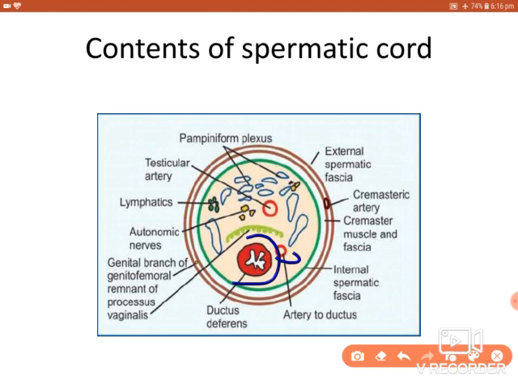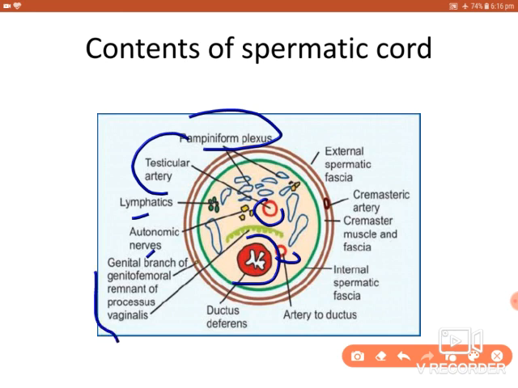Then veins of the testis, that is called the pampiniform plexus of veins. Then artery of the testis, the testicular artery. Then lymphatics, nerves, and also the genital branch of the genitofemoral nerve.